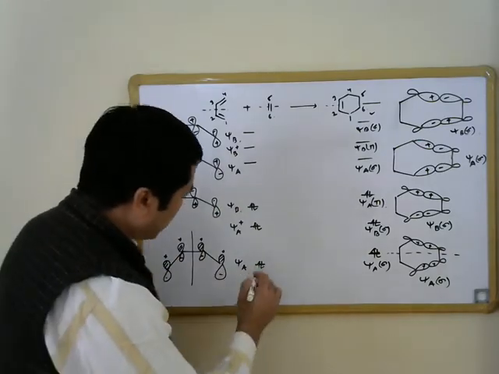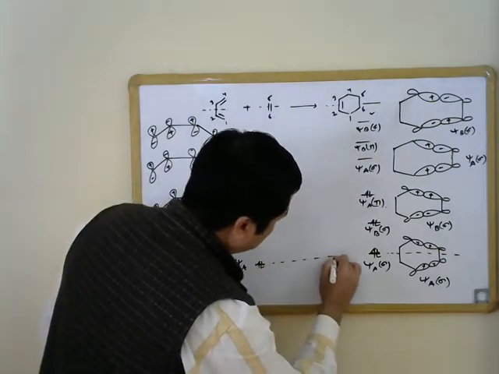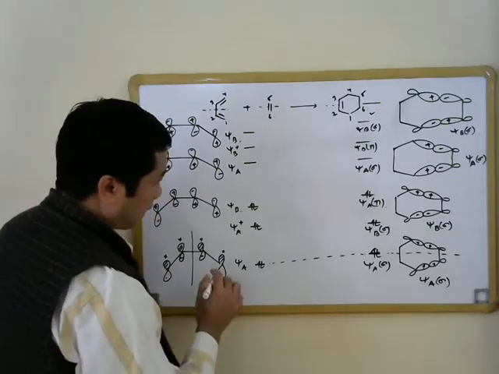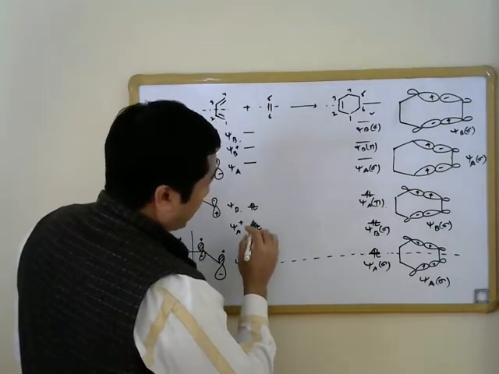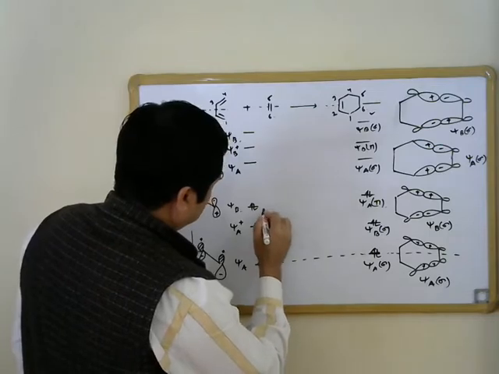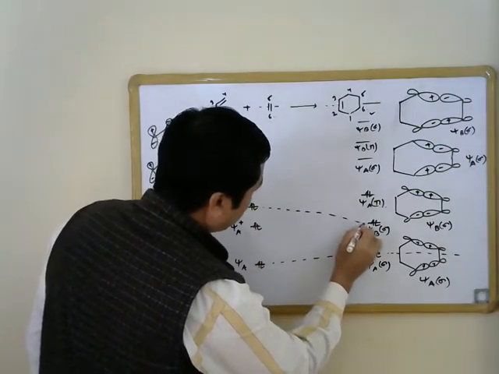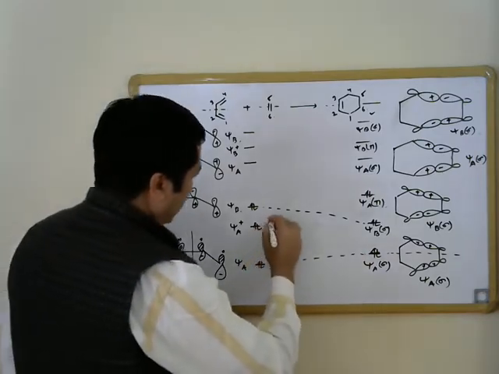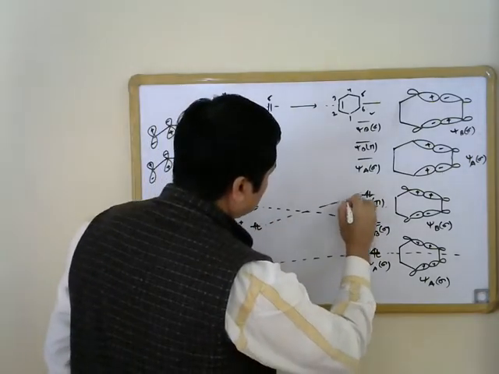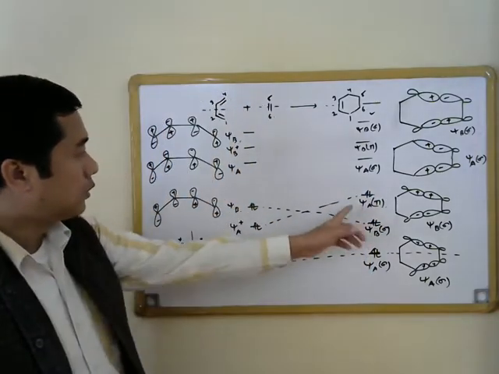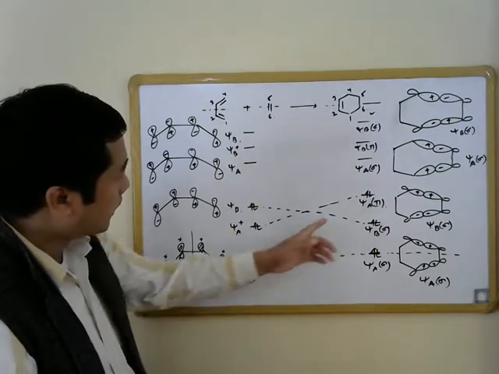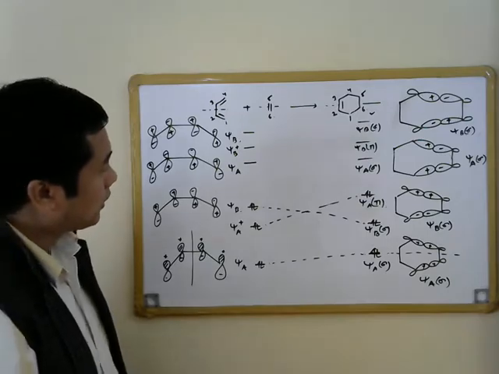So psi A gets converted to psi A sigma, psi B gets converted into psi B sigma, and then psi A plus gets converted into psi A pi.